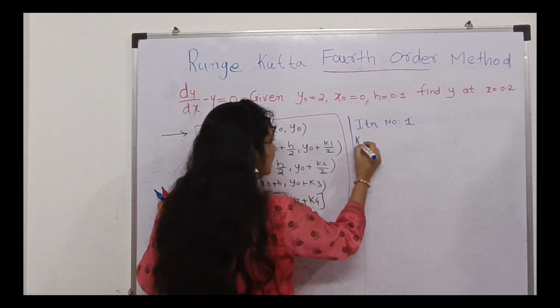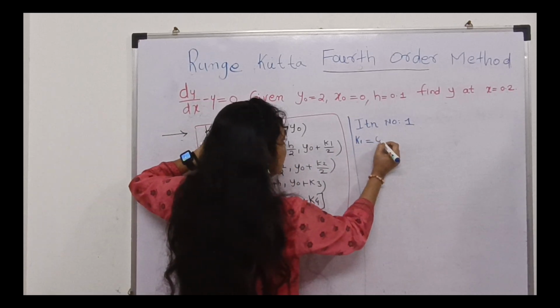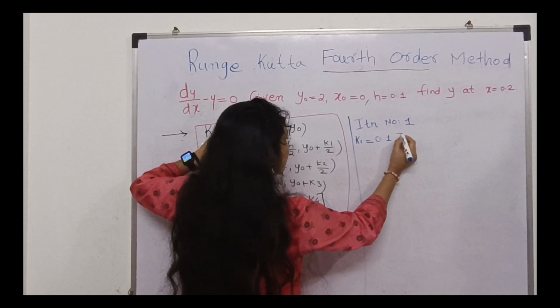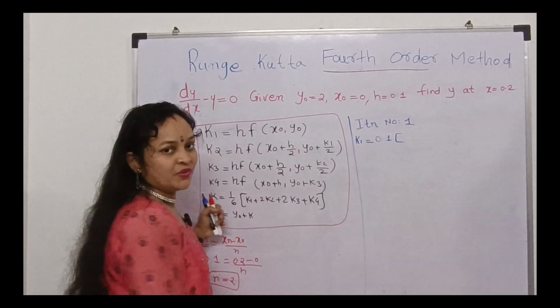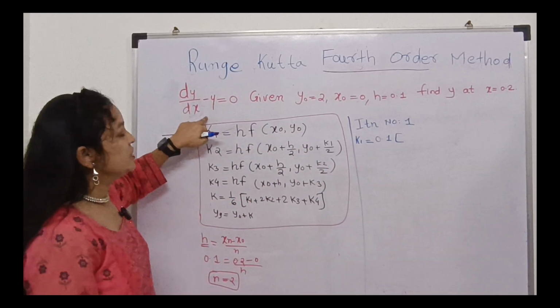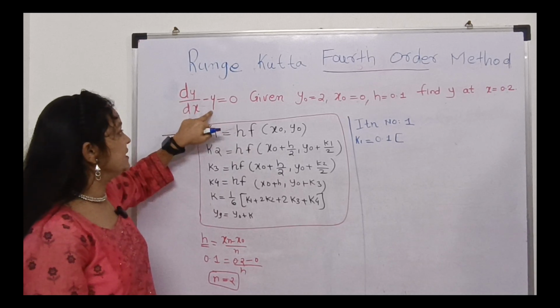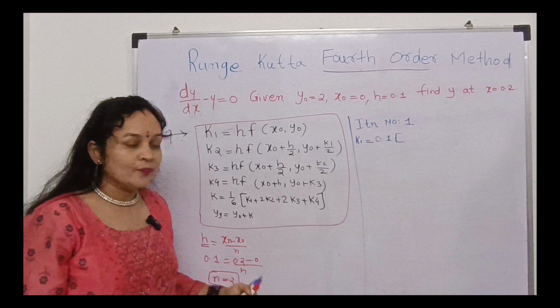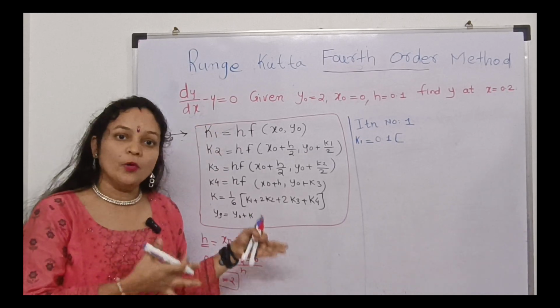K1 becomes h, so the h value is 0.1, times the function of x0, y0, right? But if we look at our function, dy by dx minus y is equal to 0, they have not given any form of x over here.